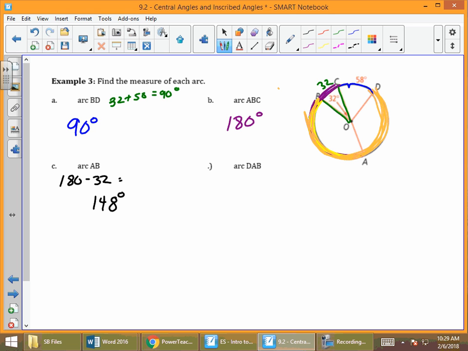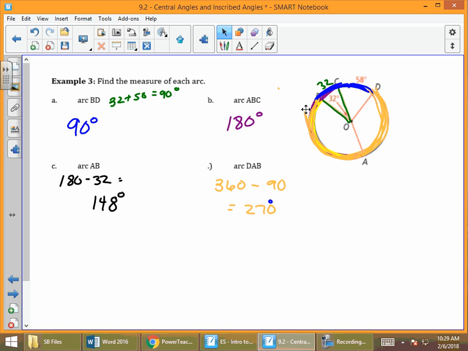It's 270. Perfect. 360 minus 90 gives us 270. Because we said early on, this whole blue arc was 90 degrees, and we know a full circle is 360. 360 minus 90 is 270 degrees.